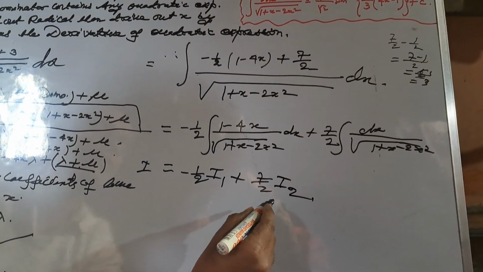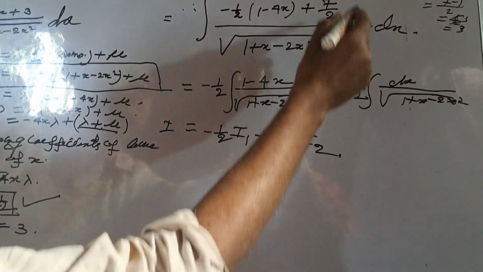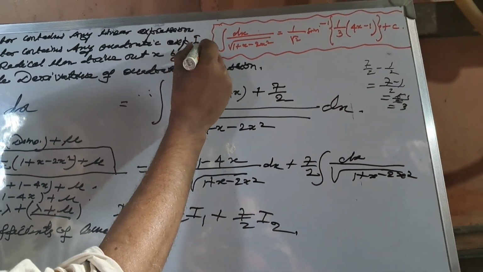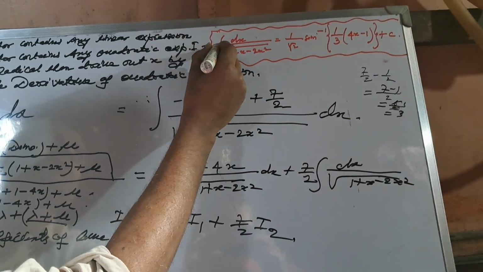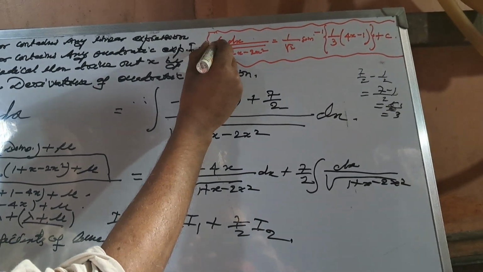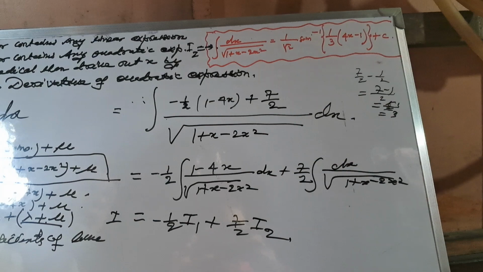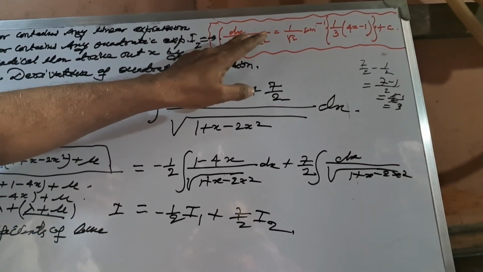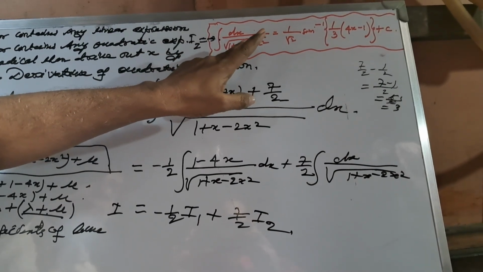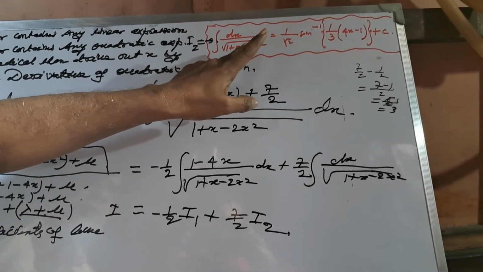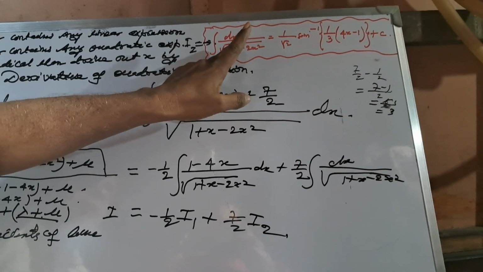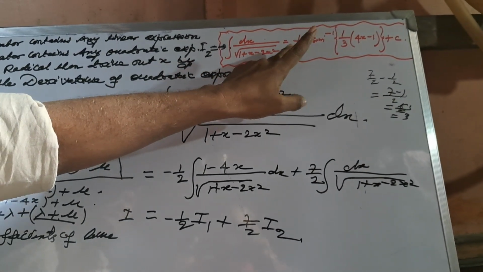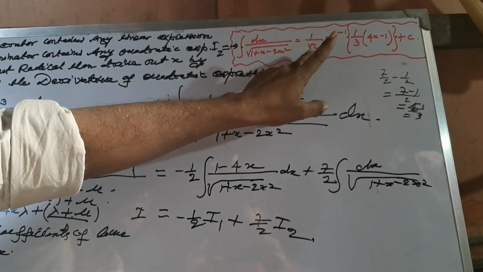You just see here, this is I2. Clear? I have already explained this just before, in the previous session.